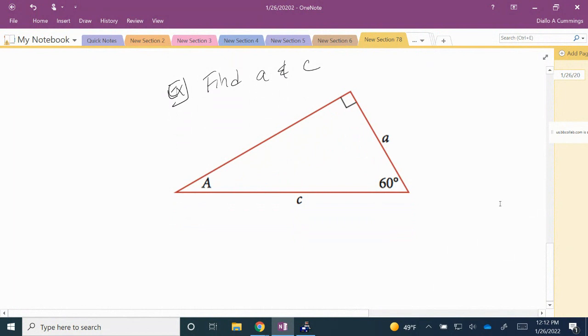All right, so we must set up some trig functions. The first thing I'm going to do is label all of my sides.